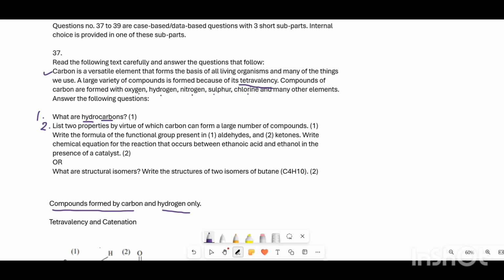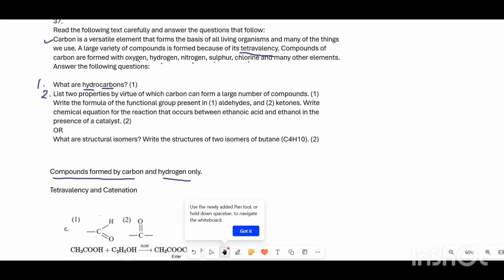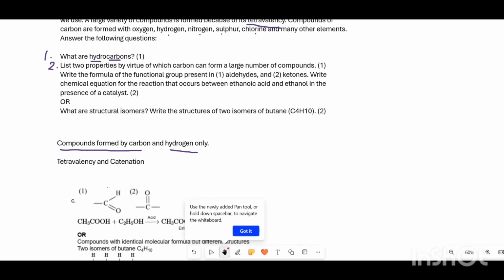So the two properties are tetravalency and catenation. So first answer, second answer, tetravalency and catenation.